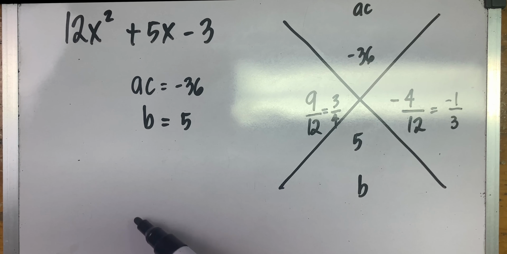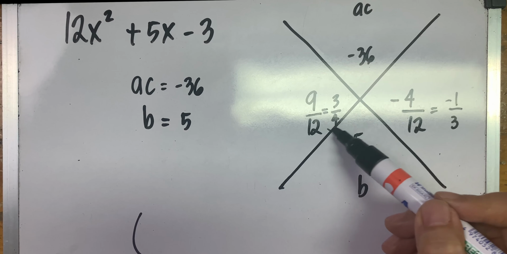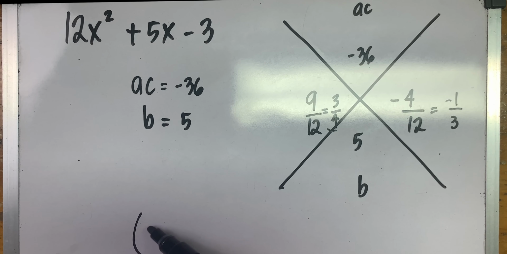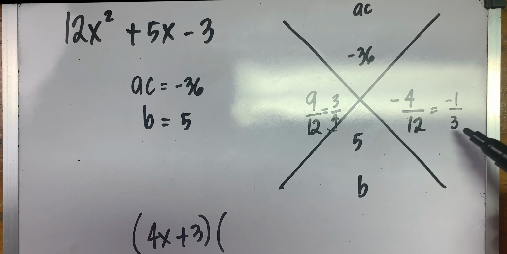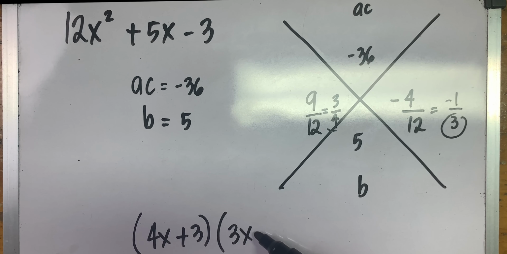So therefore, the factors will be, again, the number below will be the coefficient of x, 4x plus 3. And then in this case, 3x minus 1. Again, to check whether our answer is correct, we'll use the FOIL method.